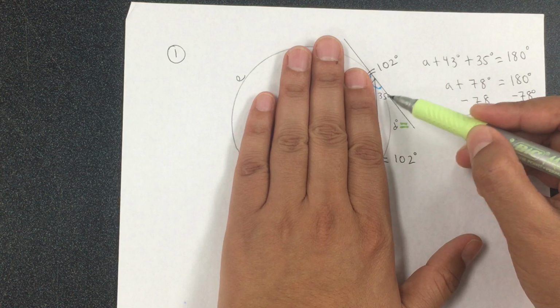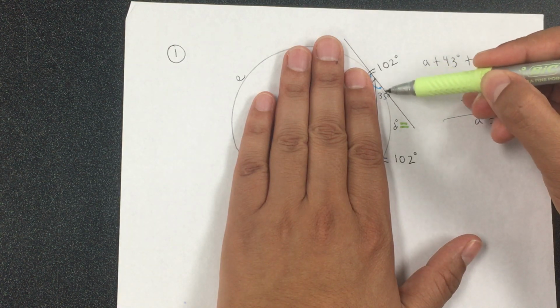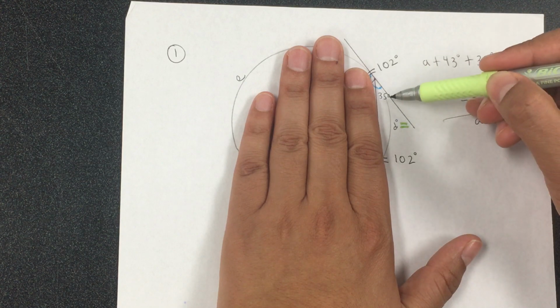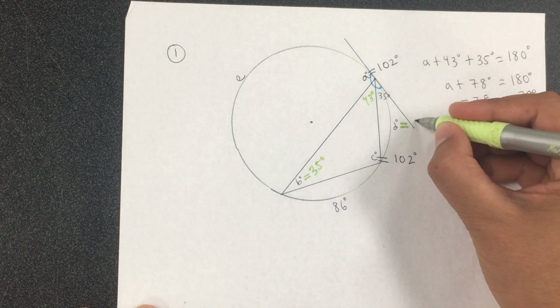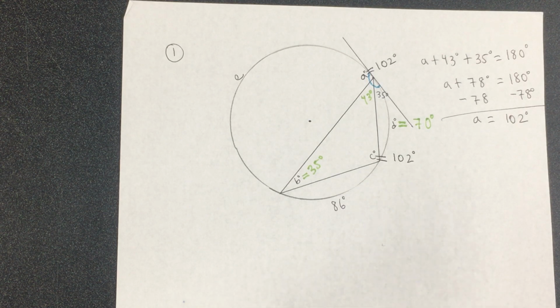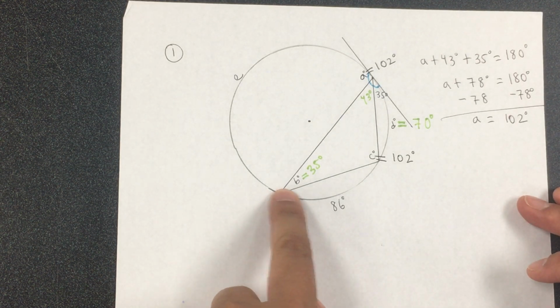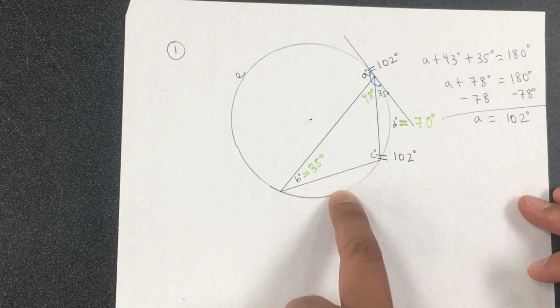This is 35, and the arc formed by that chord is always twice as much. So if that's 35, what's double? That's going to be 70 degrees. Yay, we're almost there. So a whole circle is 360 degrees.